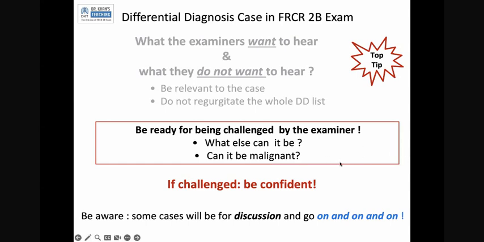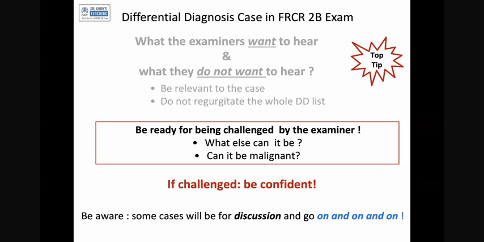I think the first slide I forgot to paste, but basically, in a differential diagnosis case, you have to consider what the examiners want to hear and what they do not want to hear.